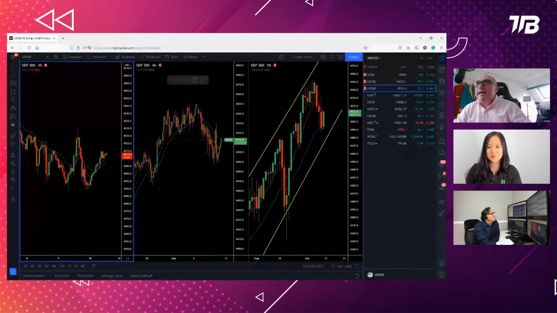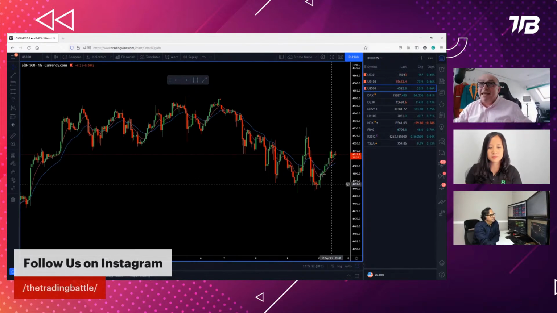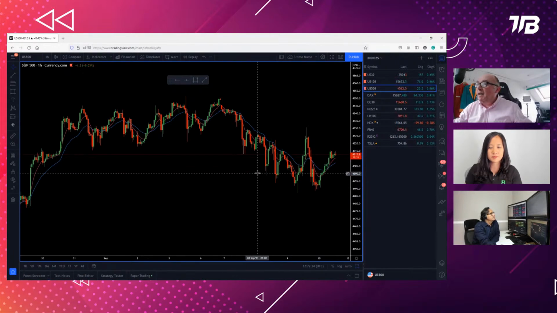But I am going to take a play on an index, and I'm really looking at the S&P 500. The S&P 500 is basically the top 500 companies traded in the US, and it's been on a tear for the recent months, making continuous higher highs. A lot of the analysts are talking about a correction.